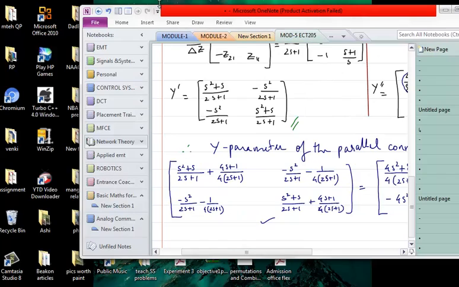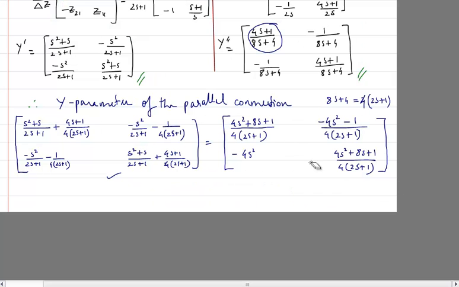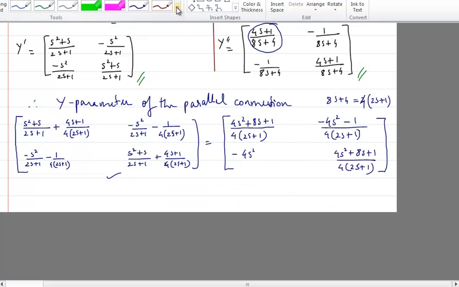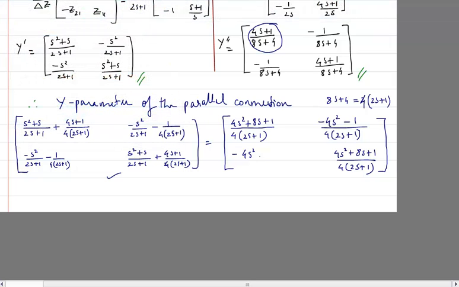So minus of, sorry, so this is going to be minus of 1 divided by 4 times 2s plus 1. And I can take this minus commonly outside. Similarly here also I can take minus commonly outside, and this is what is the answer.